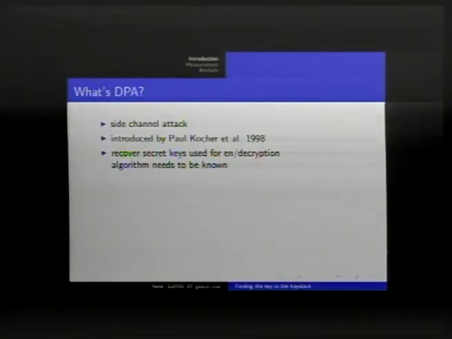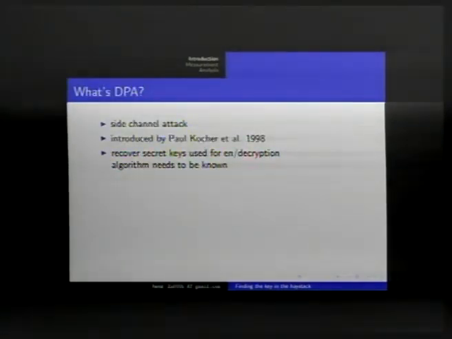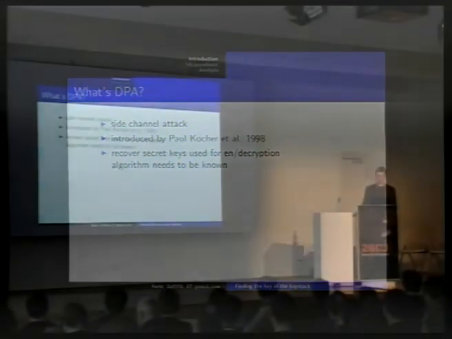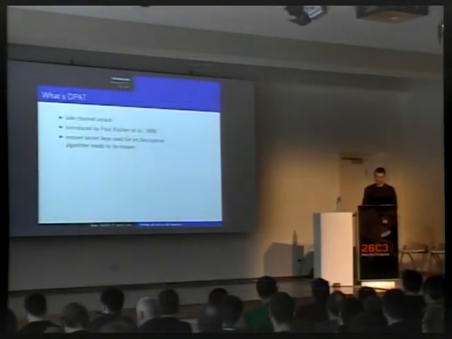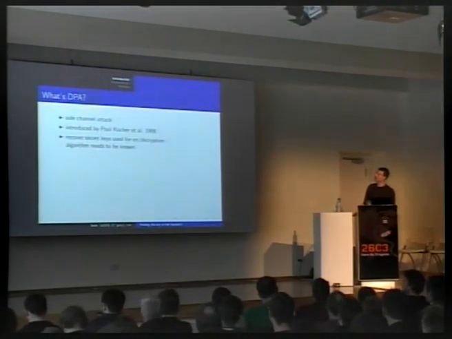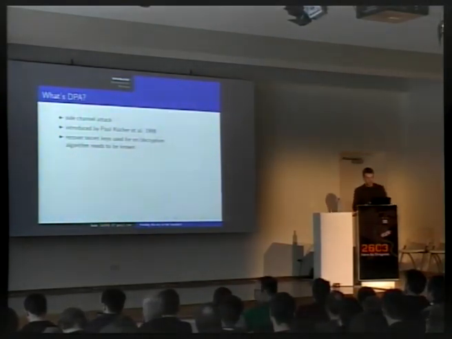So what's DPA? It's a side channel attack. It was introduced by Paul Kocher in 1998, and it is used to recover secret keys during encryption or decryption. And one point is you have to know the algorithm, so you can apply a DPA.